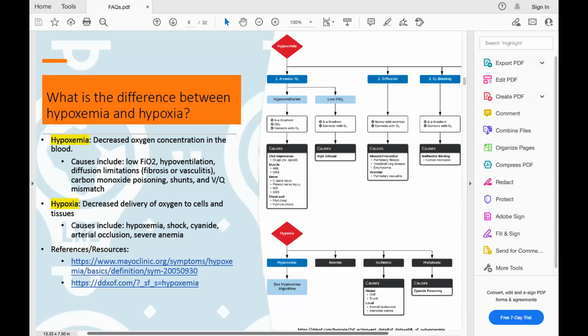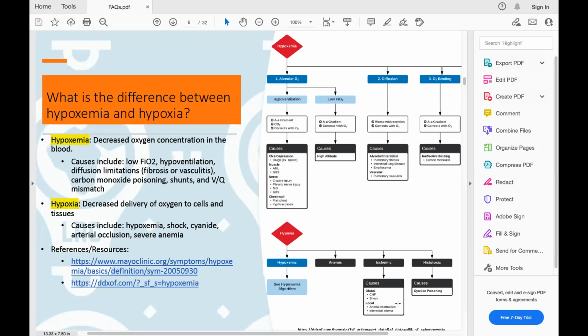And for causes of hypoxia, there's a good summary here on the right side. It may be caused by all the causes of hypoxemia, or severe anemia, or ischemic problems, which can include shock or congestive heart failure, where the body is unable to pump blood to the tissues, as you can imagine, or arterial obstruction.